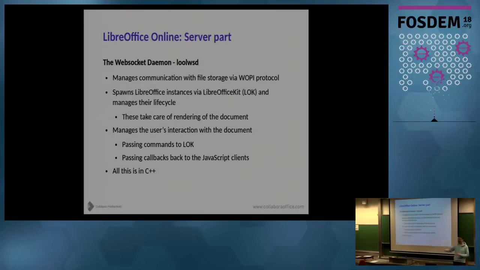These also do the rendering of the document. And of course, it manages the user's interactions with the document. So it passes the user events that come from the client into the LibreOffice core, so that it is possible to do something with the document.